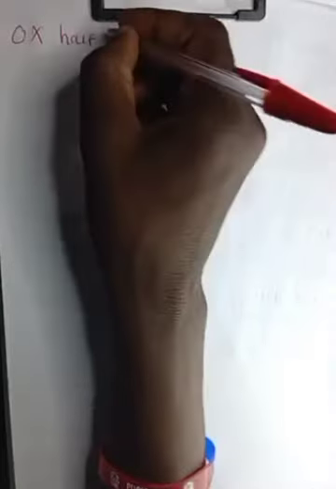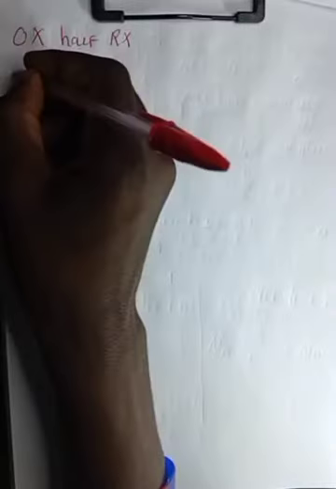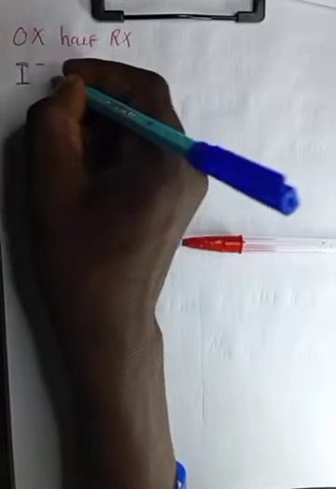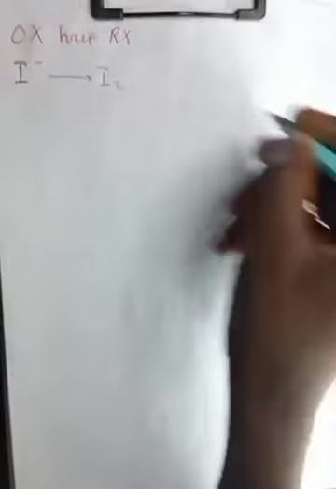So the next step is that we already have this. So I'll say the oxidation reaction, which is I minus to I2.